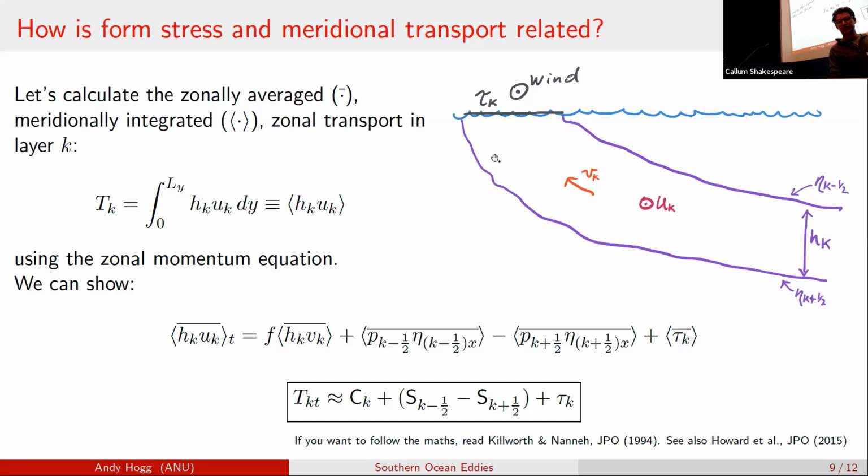But all along these upper and lower surfaces, there's these two other terms. And these are the form stresses. And so what you're seeing here is a balance between all the stresses on each edge of this isopycnal layer, most of which is dominated by the form stress above and the form stress at the bottom of the layer. And that's all balanced at steady state.